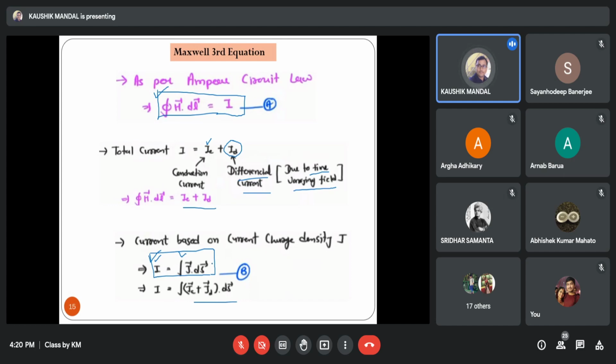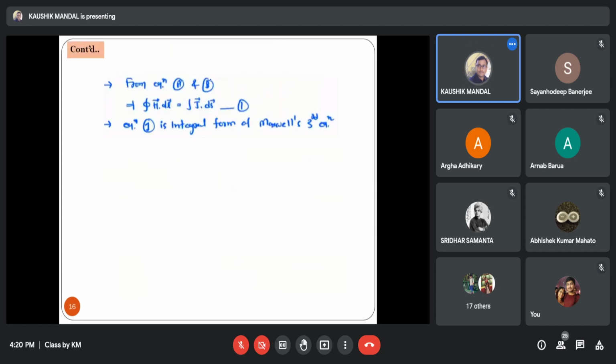So if we consider these two equations, A and B, we can write that the line integral of H dot dl equals the surface integral of J dot ds, because H dot dl equals I as per Ampere's circuit law, and we know I equals the surface integration of the current density, that is I equals J dot ds.